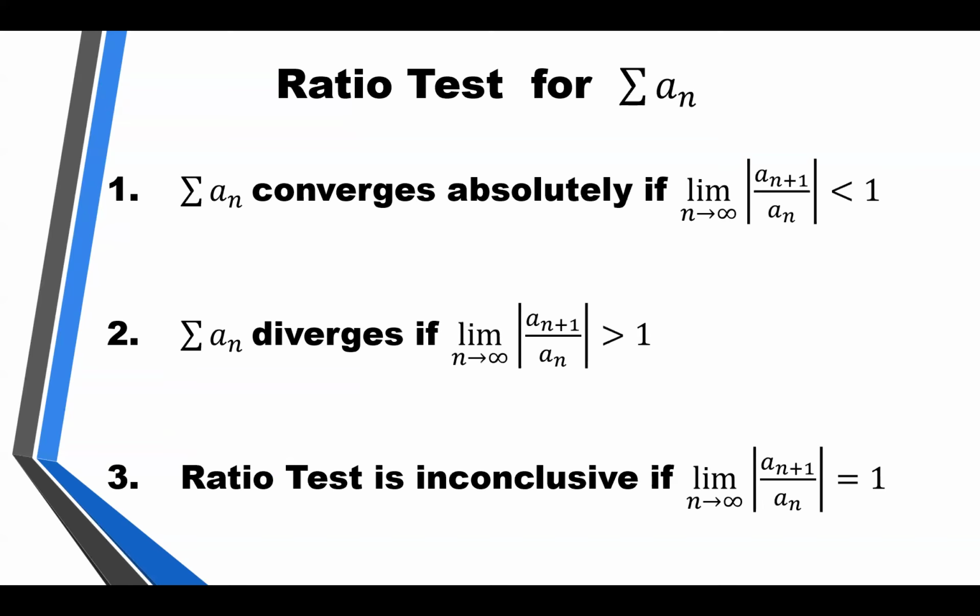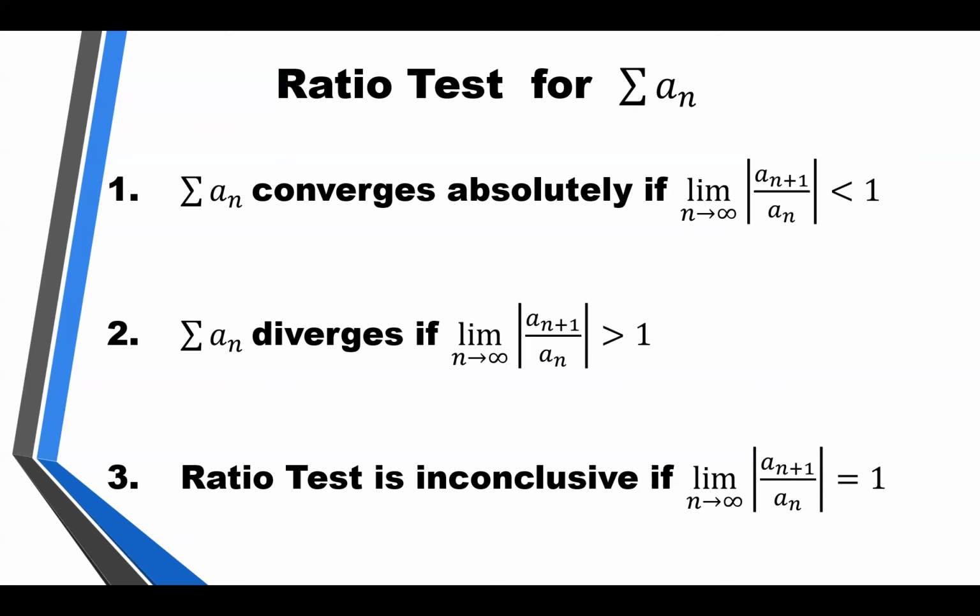Let's look at the first test. The first test that we're going to look at is called the ratio test. Now, I left off the n equals 1 to infinity, but if you ever see this sum, assume it's an infinite summation. So the ratio test for an infinite series says that the infinite series converges absolutely if the limit of the ratio of the terms of that series as n goes to infinity is less than 1.